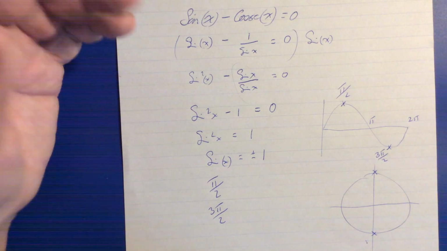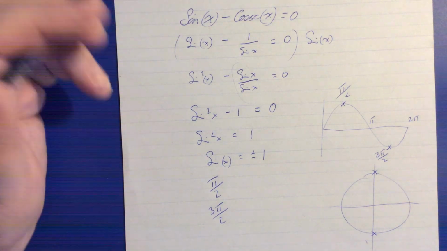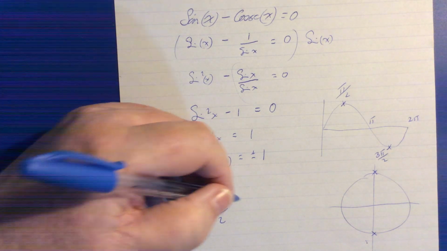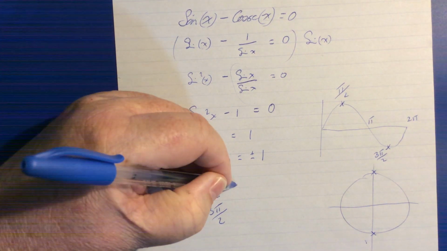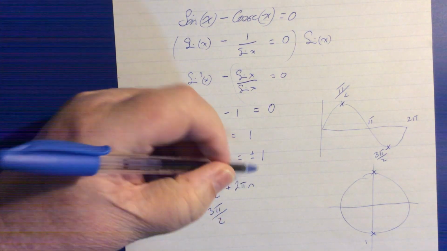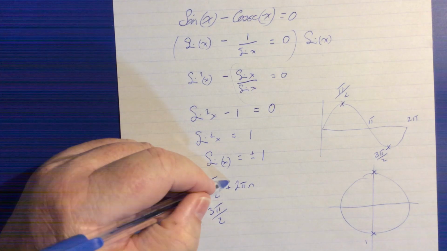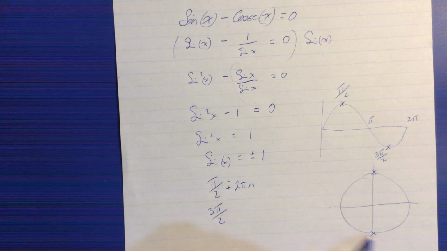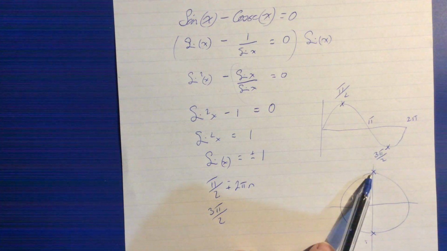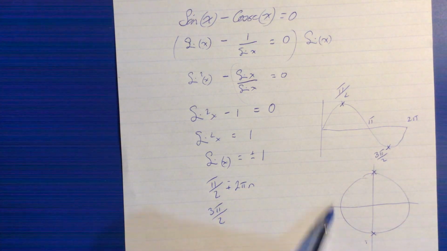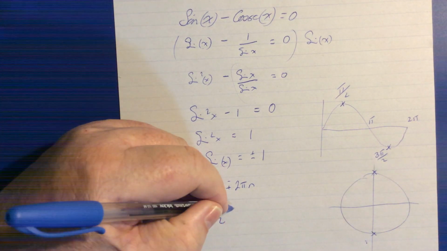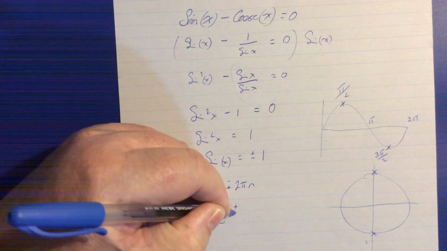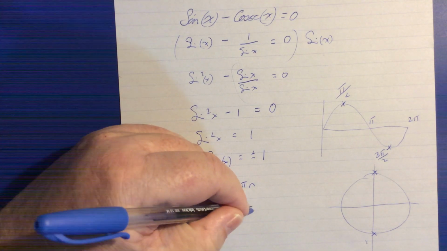So if you feel like neatening up my work, please feel free to do so. I'm going to write this as this, 2 pi n plus or minus 2 pi n, which means that we start here, we go round 2 pi as many times as we like, and we end up here, or we go in the other direction. And the same for this, 2 pi n.